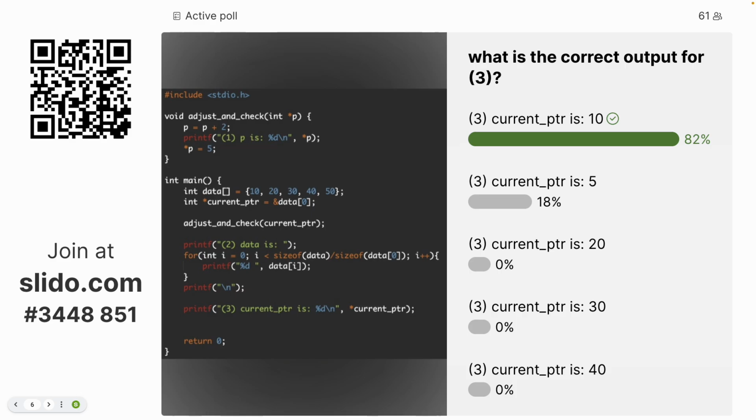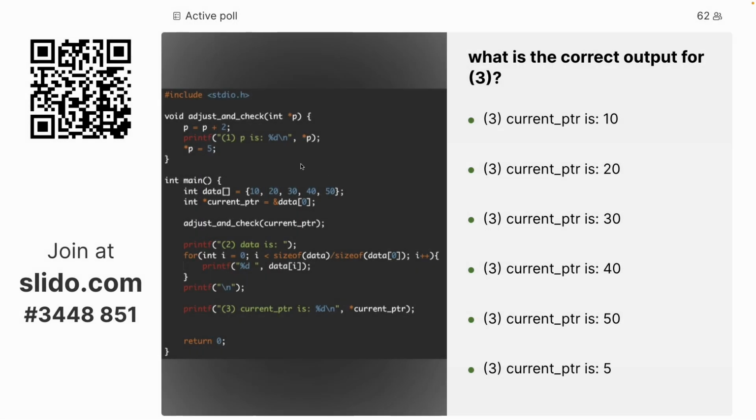What we change, because the value stored inside P is the address of data 0, is the object P points to, but P does not point to current PTR. So the value stored inside the current PTR is not changed. That is why current PTR still points to data 0, and the value stored in data 0 is 10.